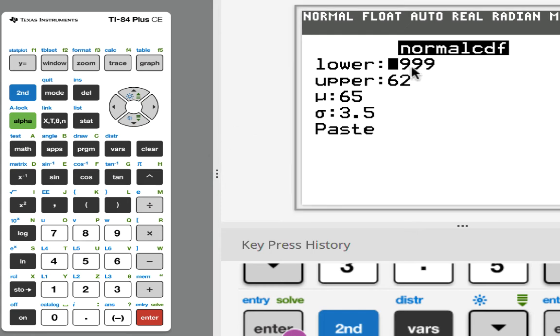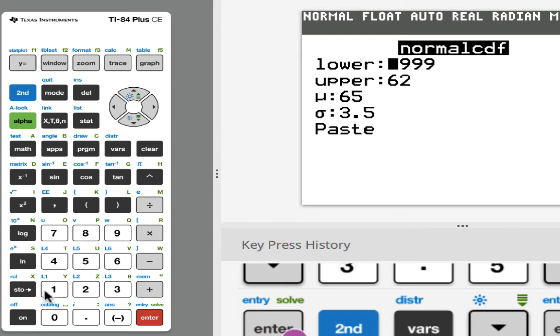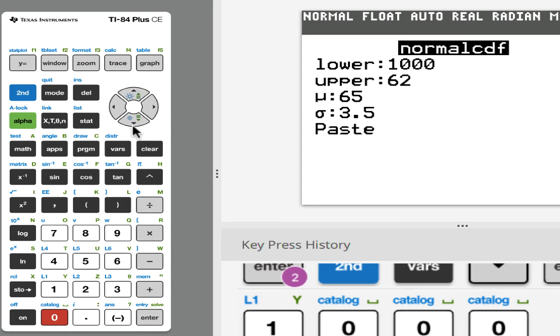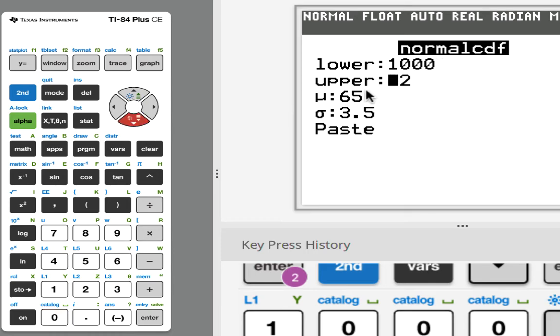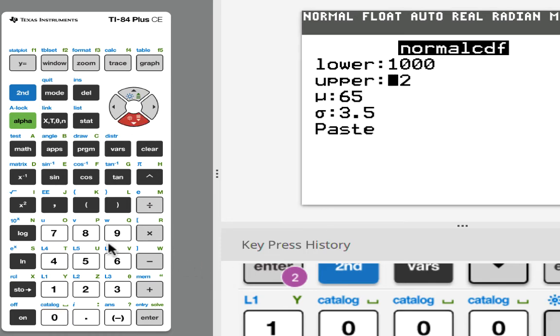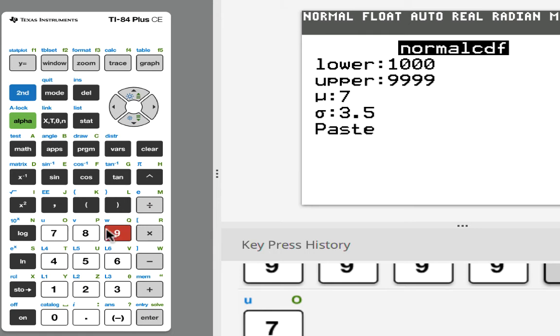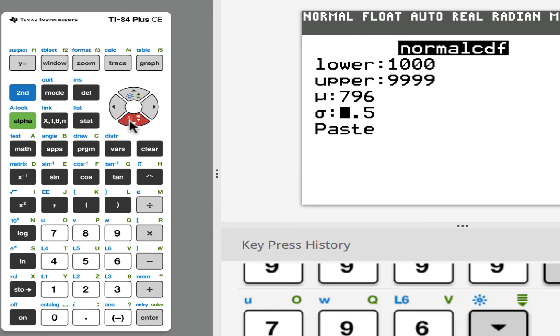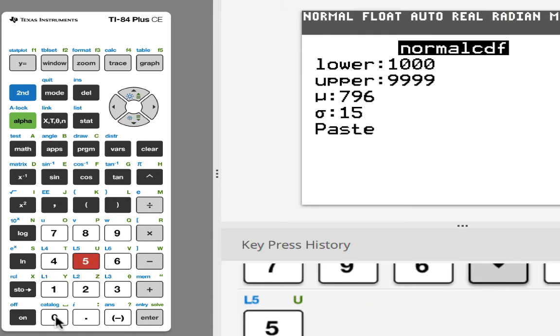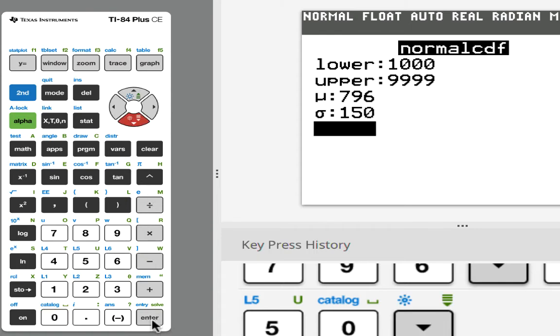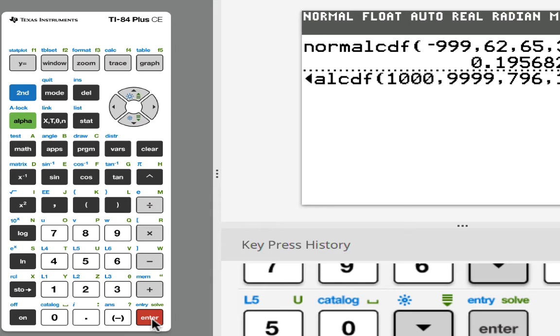Now remember, the minimum is 1,000. So you have to write down 1,000, and the upper limit, that means it is definitely more than 1,000, has to be 999. One more 9, guys. And this is 796 and the sigma is 150. So take the cursor one more down, paste, and then you get that's blinking, enter and enter.